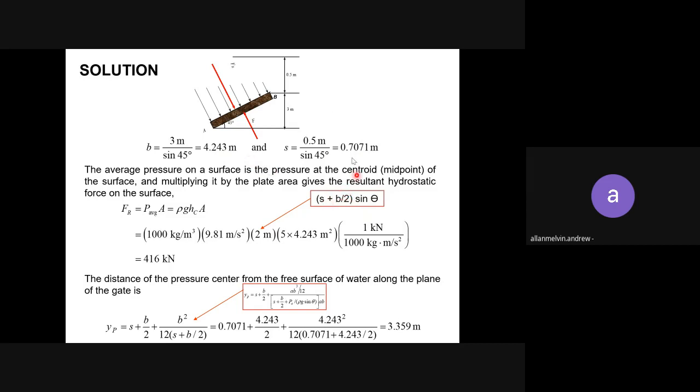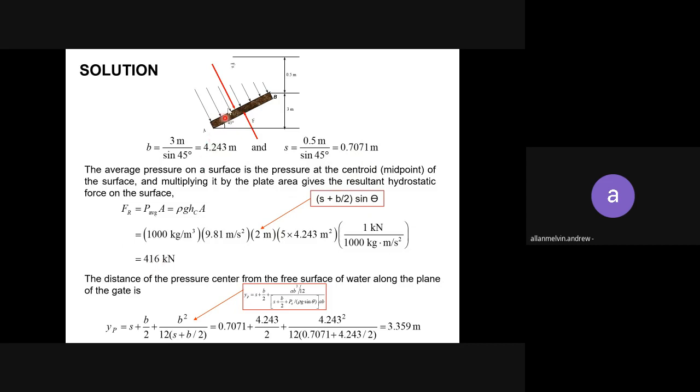You get the value, then multiply by sin theta, and you get the value of 2. The area is 5 times this length, 4.243 meters. Then this is your unit conversion. You settle this, and you get the resultant force to be 416 kilonewtons.